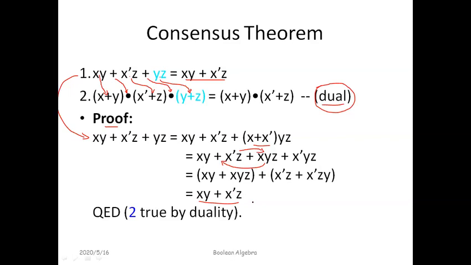Okay, this is very, very important. So this is true. The QED here implies that this is what was to be shown. Okay. All right, so we've looked at the consensus theorem.